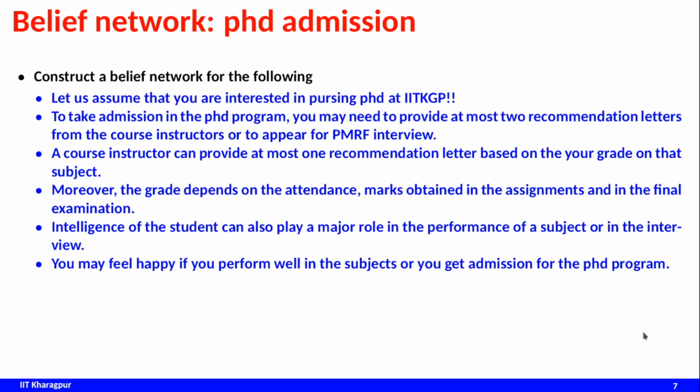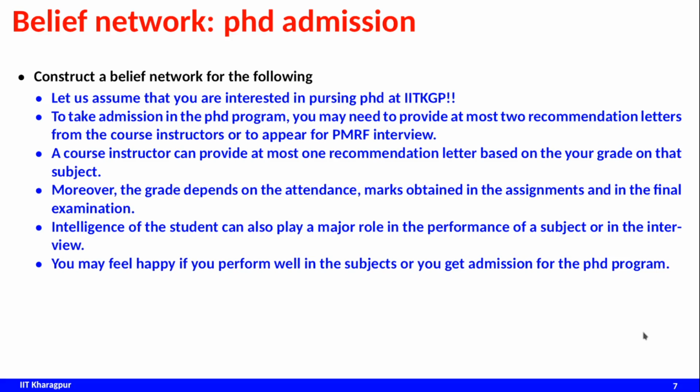So let us take a problem and try to model the problem on this one. You'd like to build a belief network for the following. Let us assume that you are interested in pursuing a PhD at IIT KGP. To take admission in the PhD program, you may need to provide at least 2 recommendation letters from the course instructors or to appear for the Prime Minister Research Fellow interview.